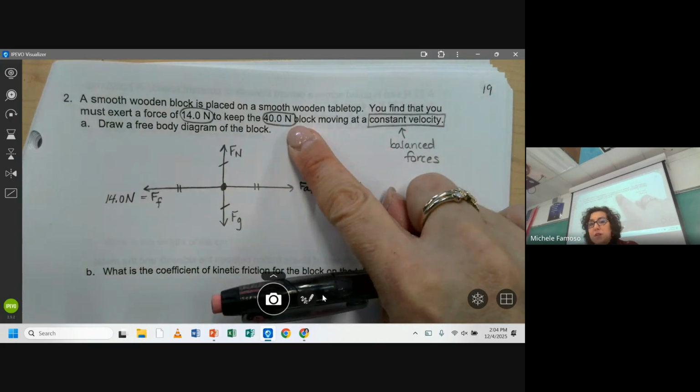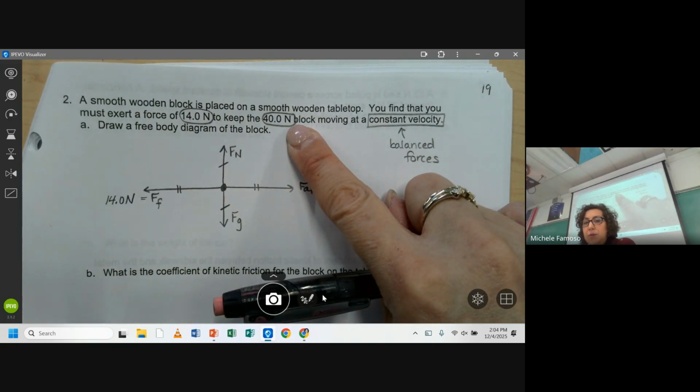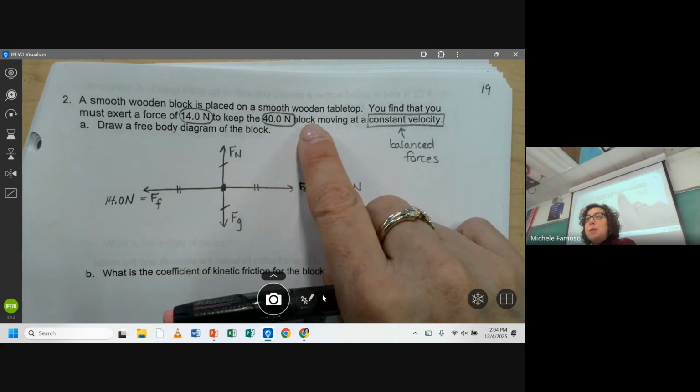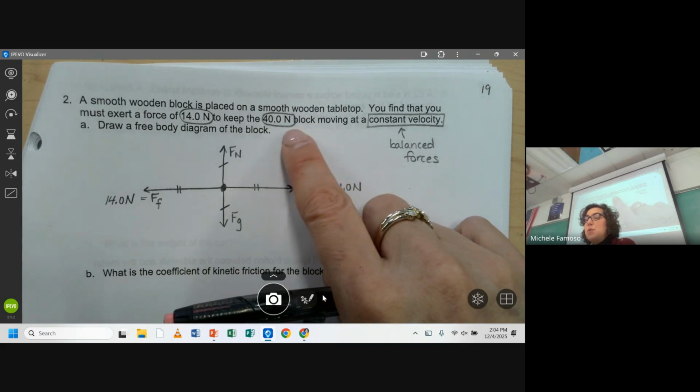Now, what force, Eileen, is the 40.0 newtons referring to? Any idea? I'm going to try to help you out. This is an adjective describing the block, right? It's a 40.0 newton block. If this was not a metric system question, it would have said that you had a 40.0 pound block.